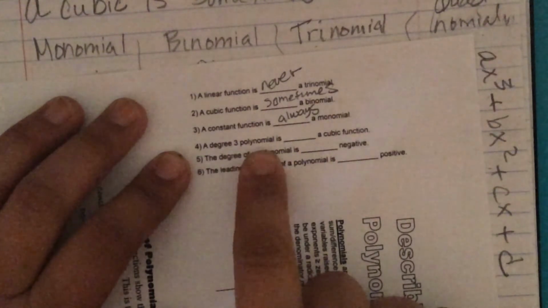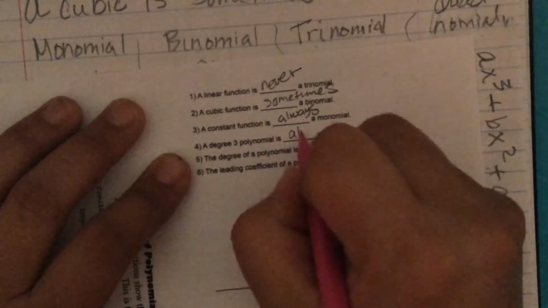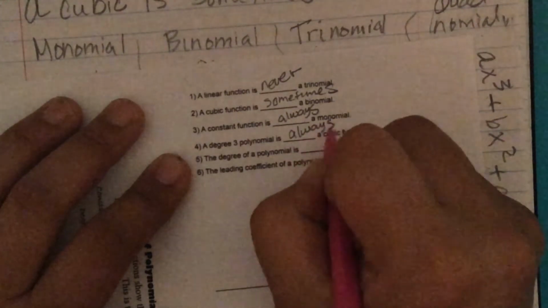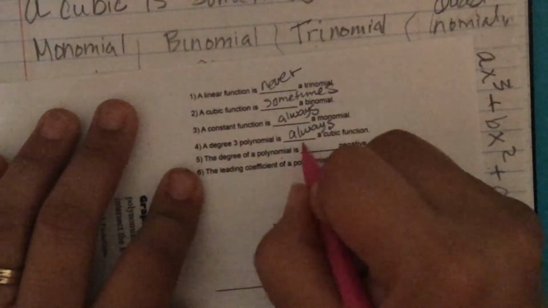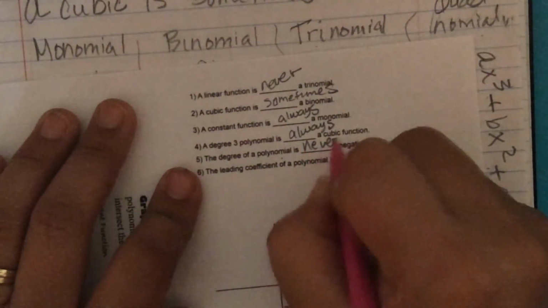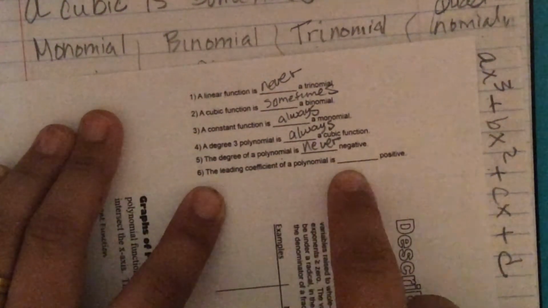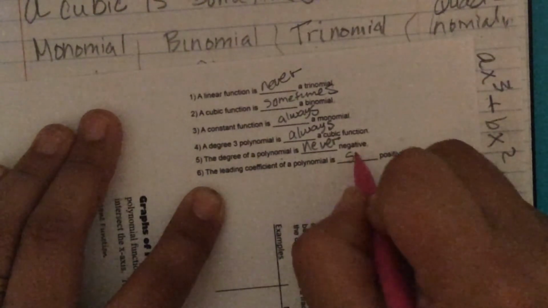A degree 3 polynomial is always a cubic function. The degree of a polynomial is never negative. So a polynomial does not have negative exponents. And the leading coefficient of a polynomial is sometimes positive. You can also have it negative.